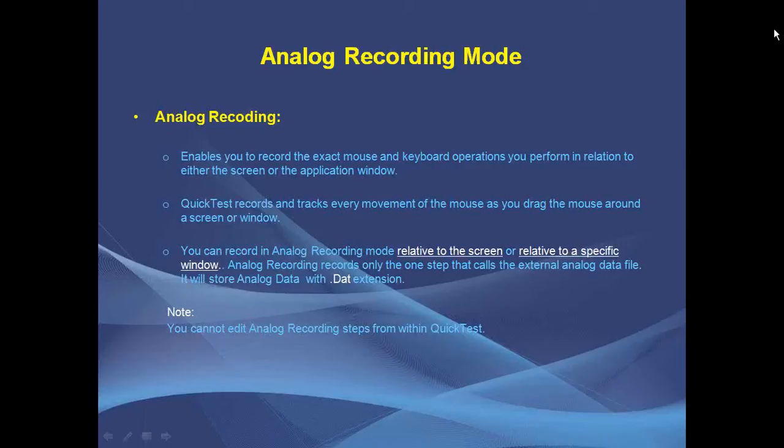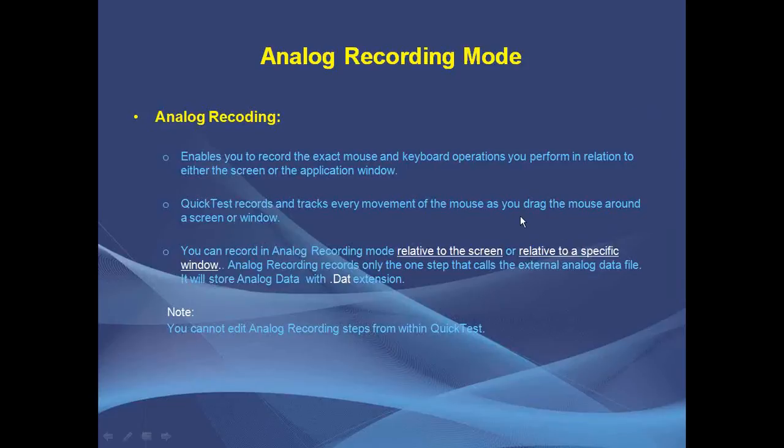Now, what is the use of analog recording mode and when exactly do we have to use it? In analog recording mode, we are going to capture each and every keyboard and mouse operation, and it will be useful to capture the signatures and drawings that we perform in the application.